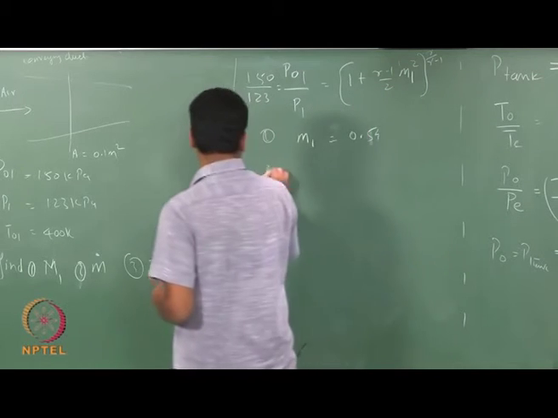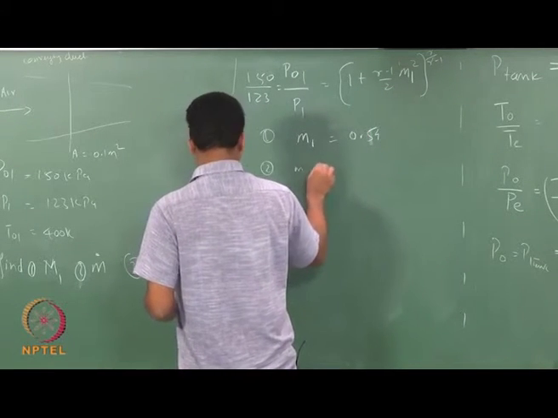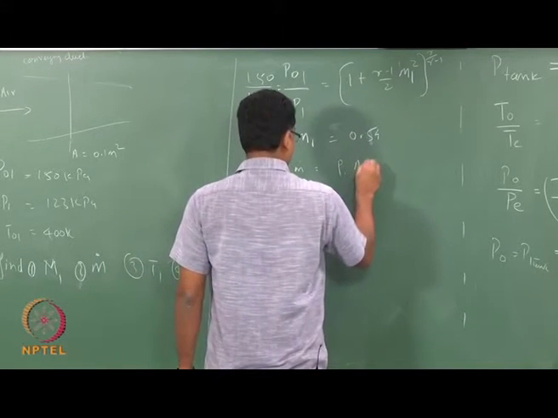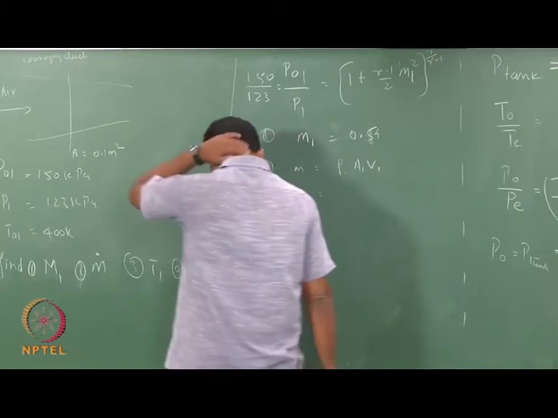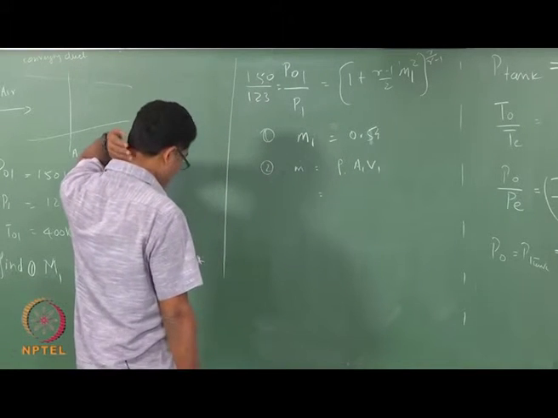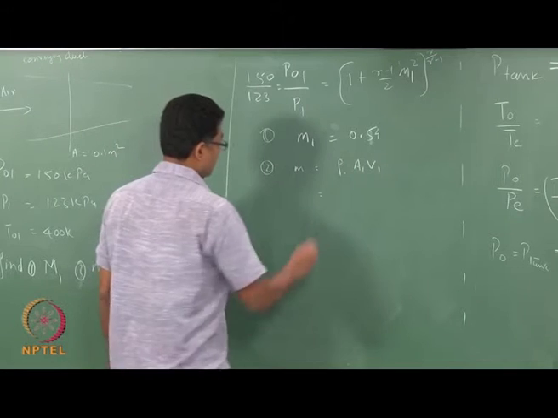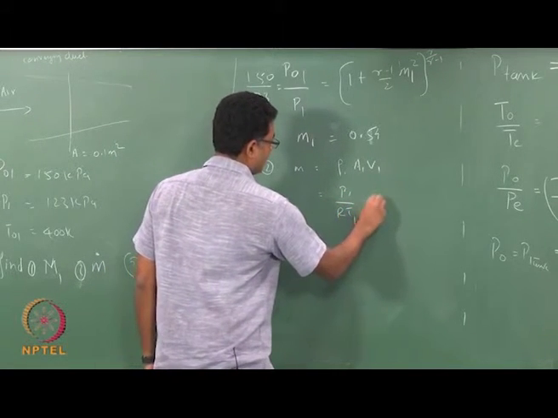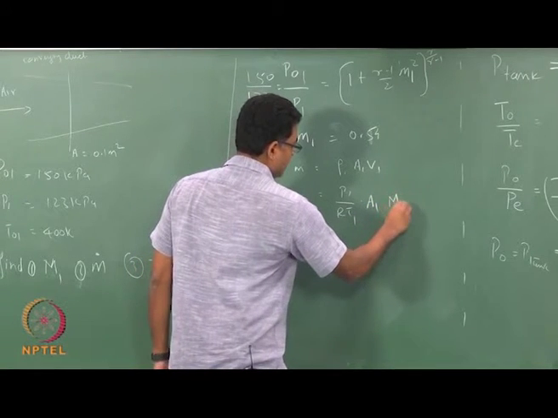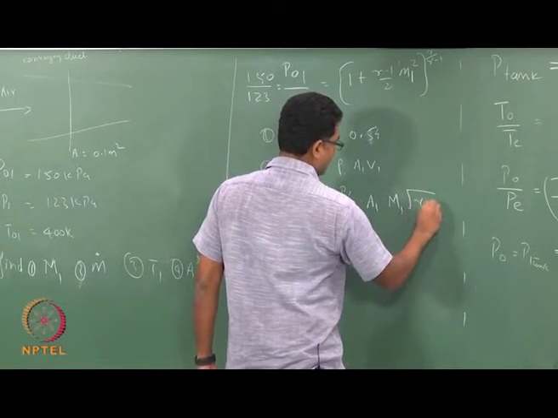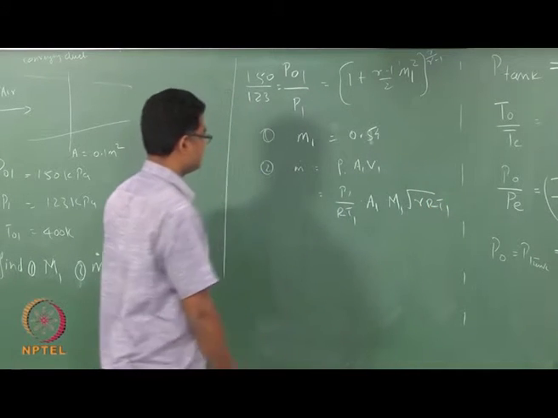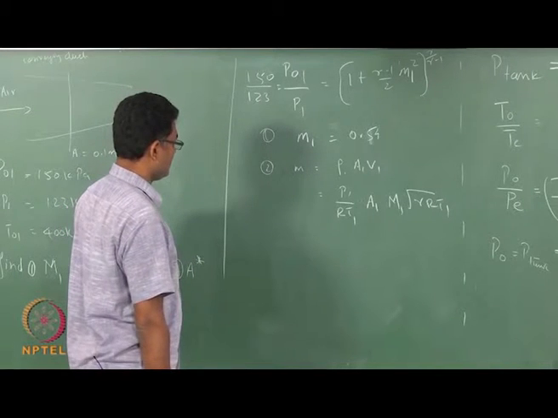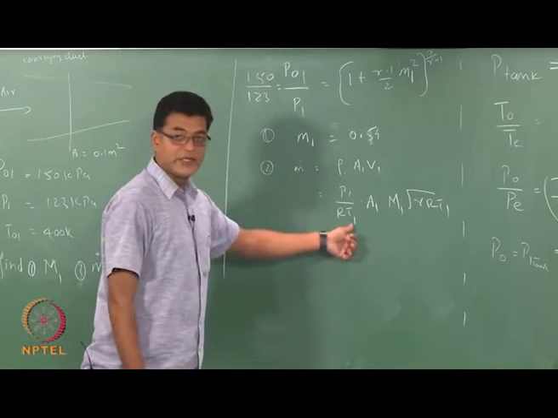Now, m dot is rho 1, A1, V1. Rho 1 is P1 by R T1, into A1 into M1 into root of gamma R T1. So, I have to find T1.